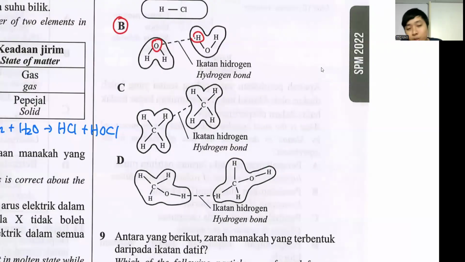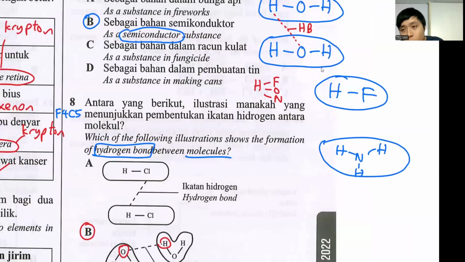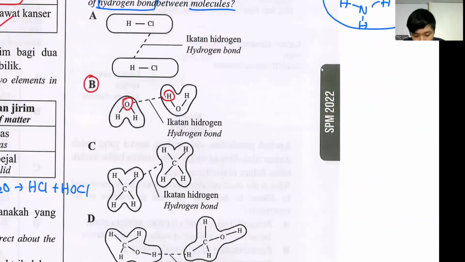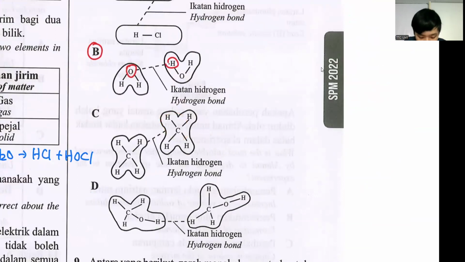Then C and D are not right, because only if the molecule has H-O, H-F, H-N only. Not C-H, not C-O, we don't care. Actually, D is almost correct, but the arrow should point like this, not like this.